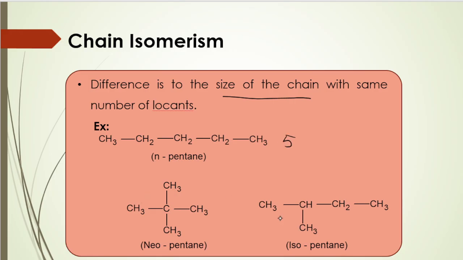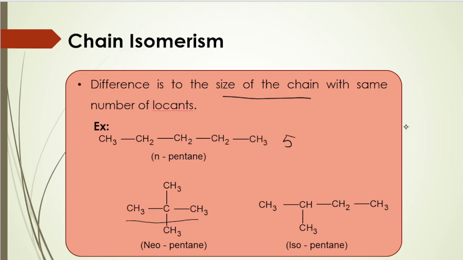But if we consider this particular compound, there are only 4 carbon atoms in the long chain. This is called isopentane, we know. And we have neopentane also, where the main chain, while writing the IUPAC name, contains 3 carbon atoms, but all have the same molecular formula. That means they differ in the size of the chain.